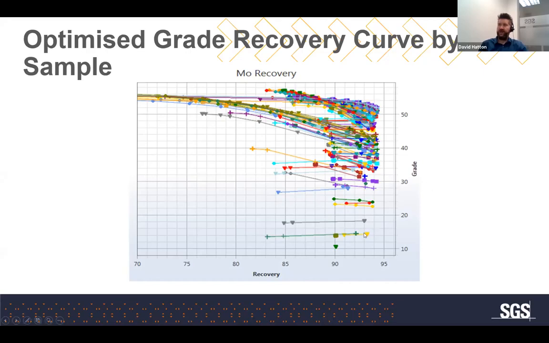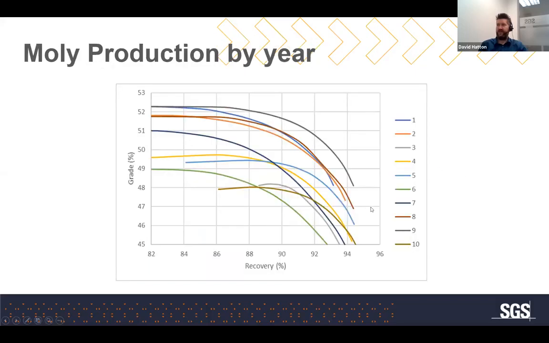We could analyze the different samples we would expect. Now, this isn't just the pilot plant samples, but all the samples we would expect based on our copper circuit simulations. And we could aggregate those year by year based on the representation of those samples within each year. So again, that allows us to choose a concentrate grade point.